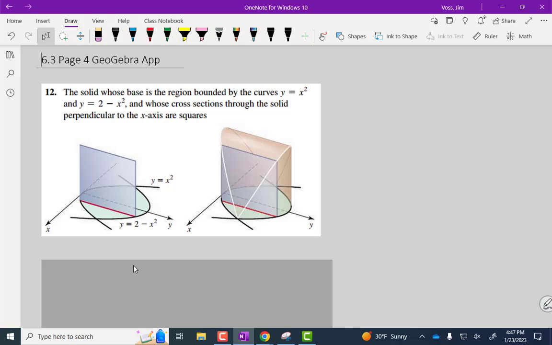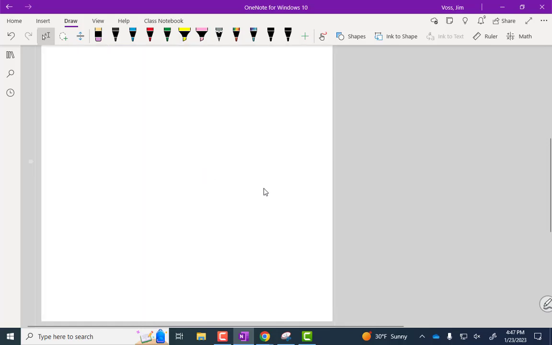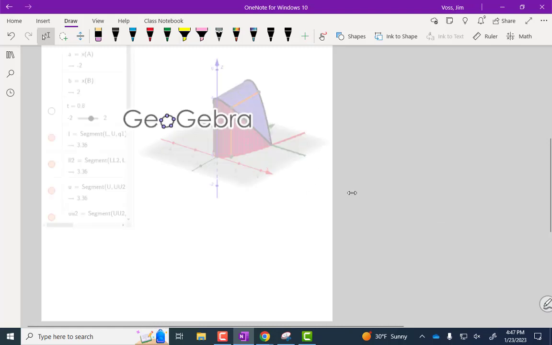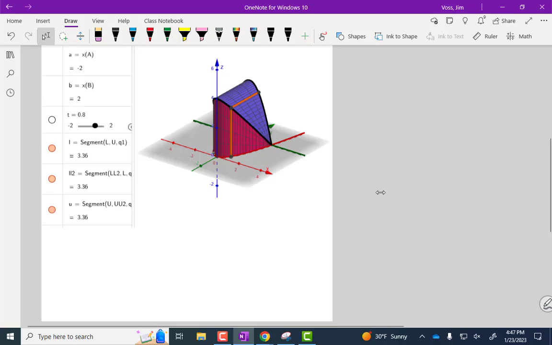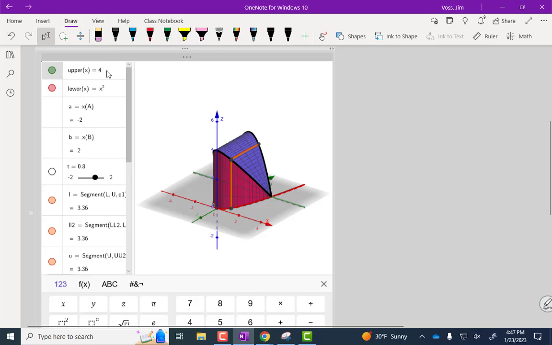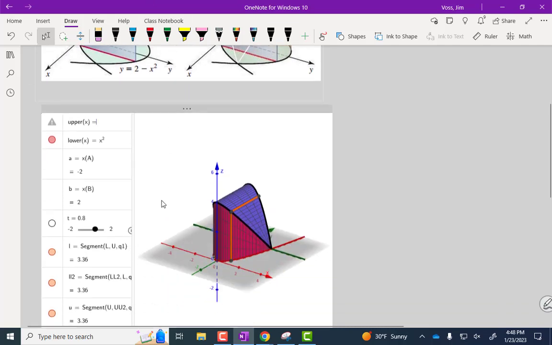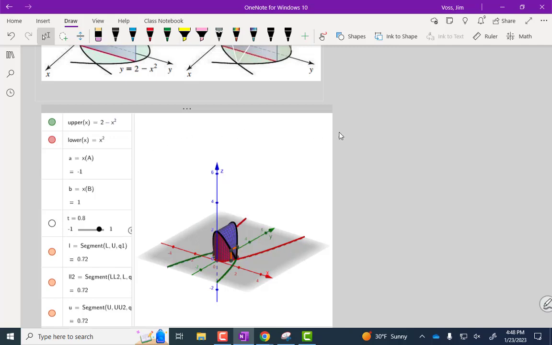And this little GeoGebra app here, sometimes it's really helpful to see what the solid looks like, even if you can't draw it. A lot of these 3D graphers these days are pretty good. So this one is editable. What was it? The upper was 2 minus x squared. And the lower, was it just x squared?